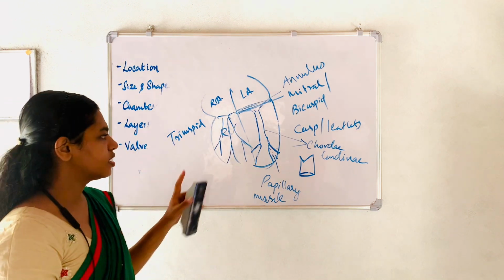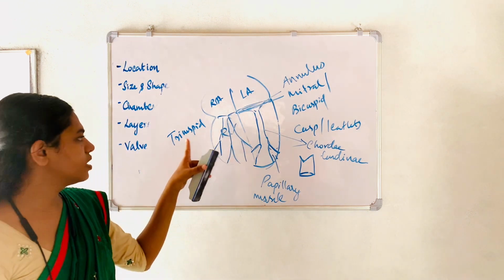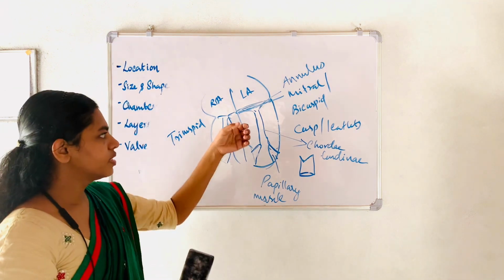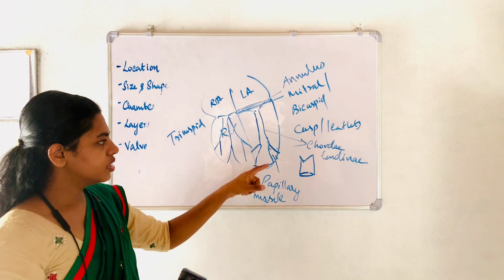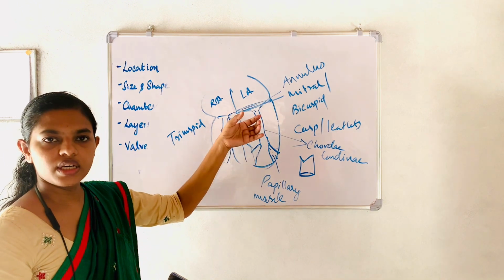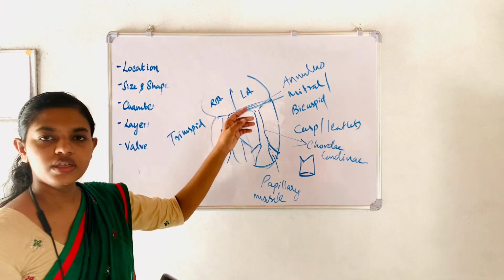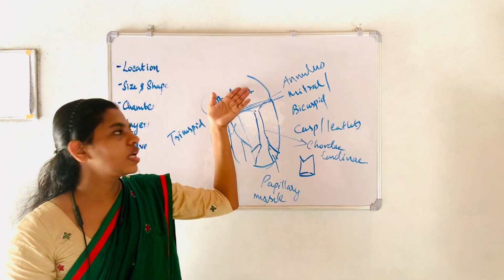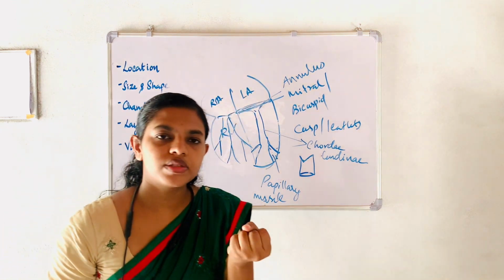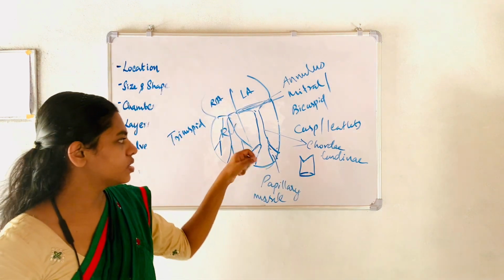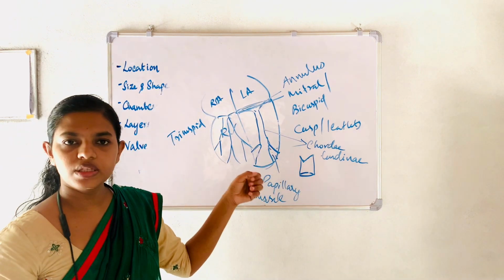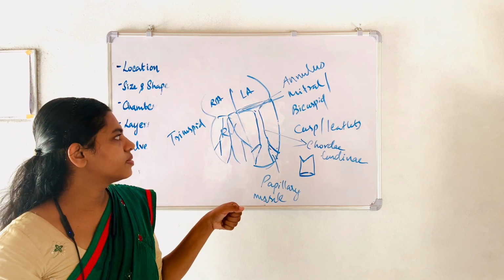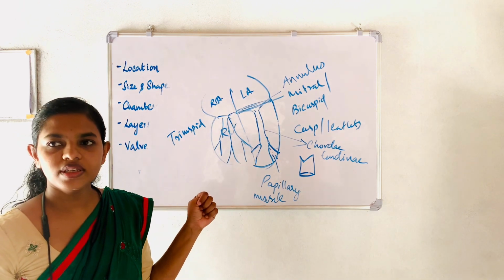So this is about the valve structures. Whenever the valve is closing, this chordae tendineae will hold, and that's why there is no backflow into the LA when the valves are closing. When the valves are closing, this papillary muscle will have a tight hold on the leaflets.